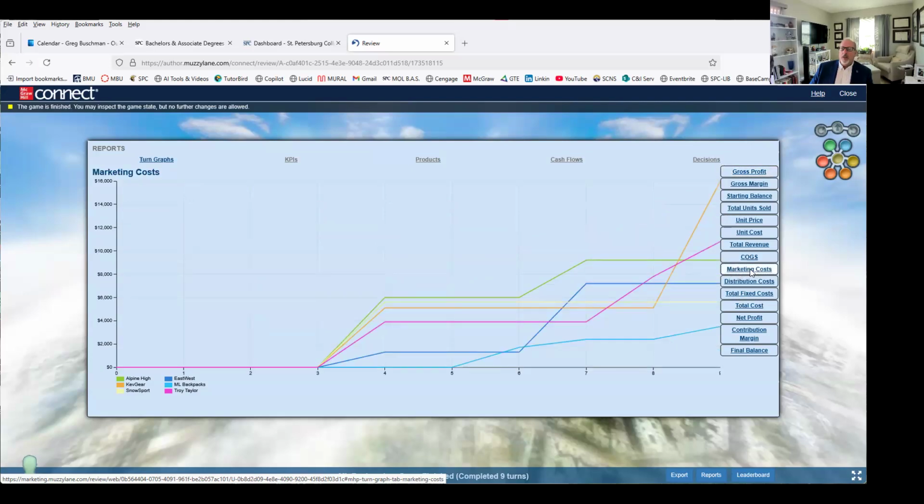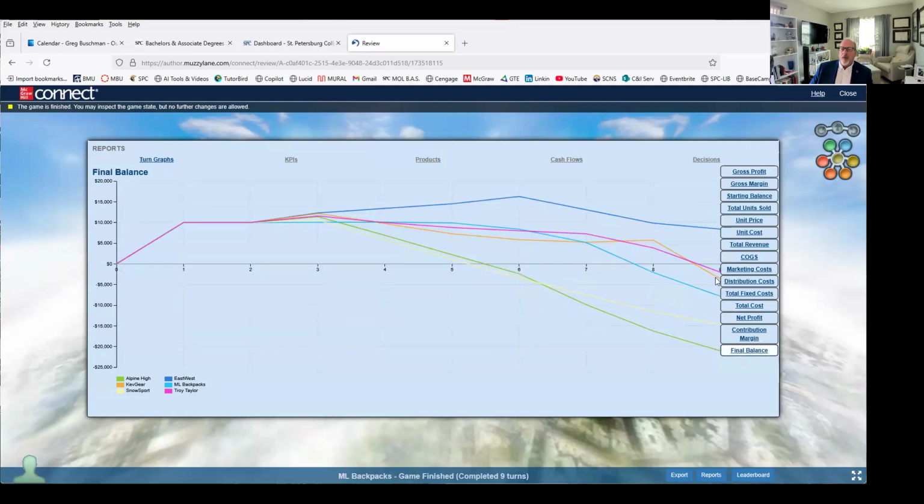Here's your marketing cost. One of the things at the very last turn, notice that the orange team decided to make a drastic change in how much they're spending on marketing. And that drastic change is actually what ended up causing their downward turn in their final balance.